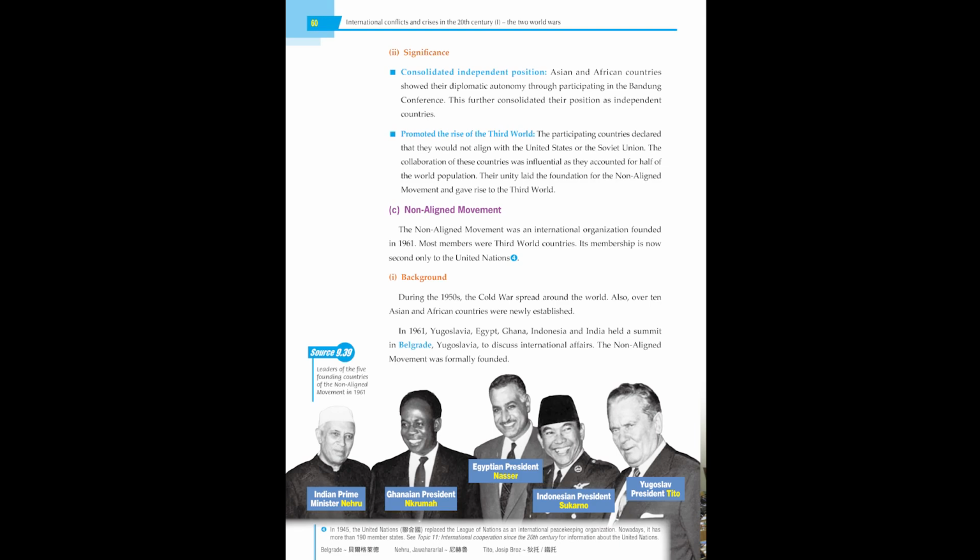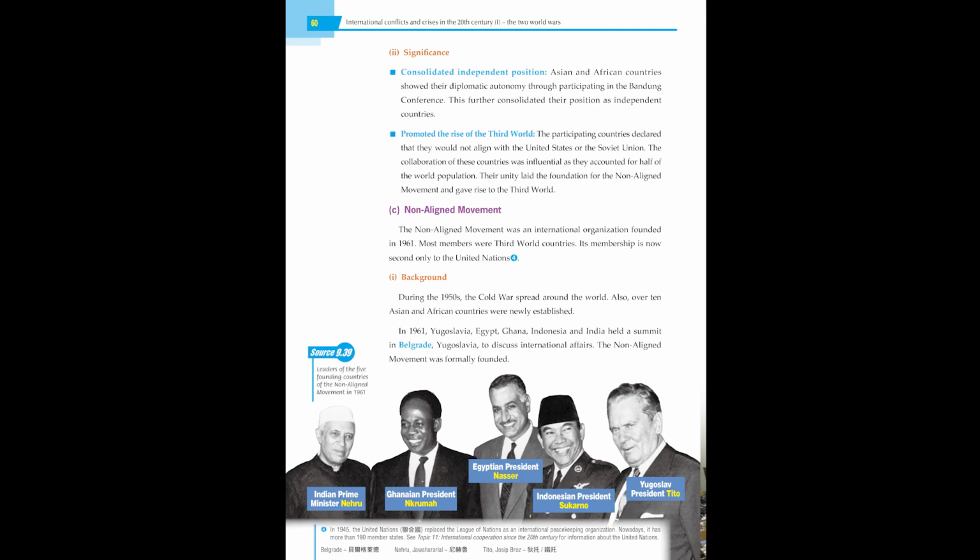C. Non-aligned movement. The non-aligned movement was an international organization founded in 1961. Most members were Third World countries. Its membership is now second only to the United Nations. 1. Background. During the 1950s, the Cold War spread around the world.